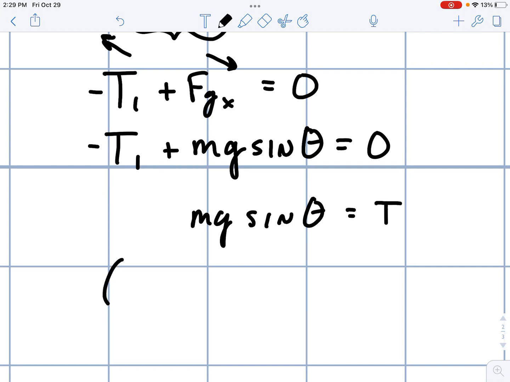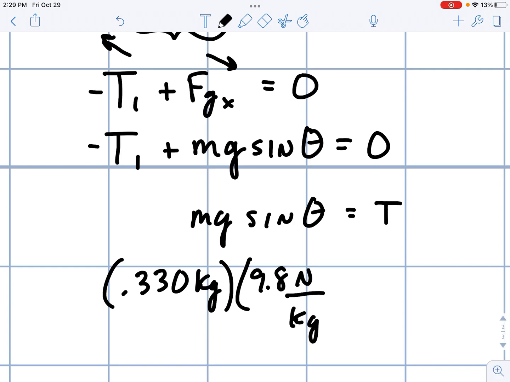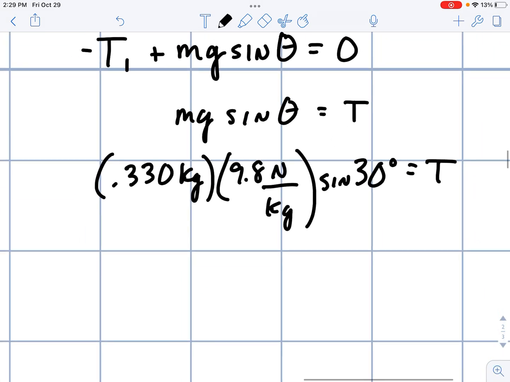We do need to convert the mass to kilograms: 0.330 kilograms times 9.8 newtons per kilogram times sine of 30 degrees equals T1. And we get a tension value of approximately 1.61 newtons.